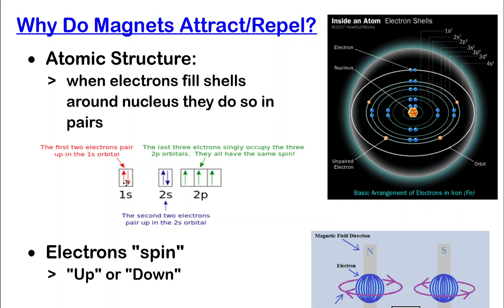So in this case, the 1s is filled, so one spinning clockwise, one counterclockwise. 2s is then filled clockwise, counterclockwise. And then in 2p, if each one of these is an electron, it would be 1, 2, 3, 4, 5, 6, 7. So if we have 7 electrons, we fill in 1s, 2s, and then we have 3 left in this 2p orbital, and we fill them. They're all spinning the same way.